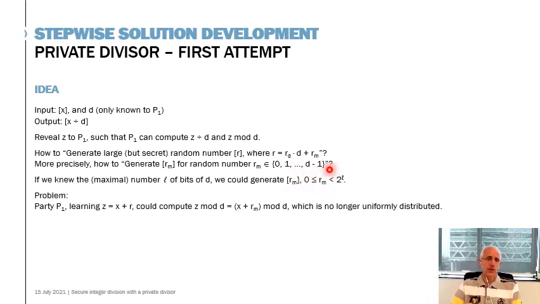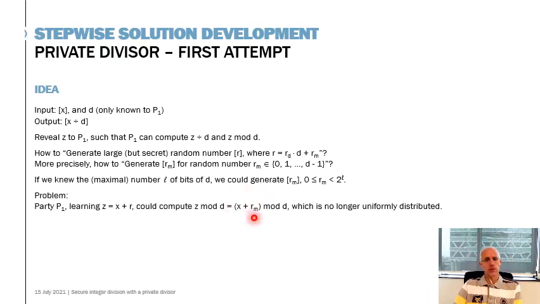So generating this is easy, but it turns out there is another problem, namely, we blind X with R, reveal Z to P1, but P1 can compute the modulo result with division by D. And this, unfortunately, is no longer uniformly distributed.